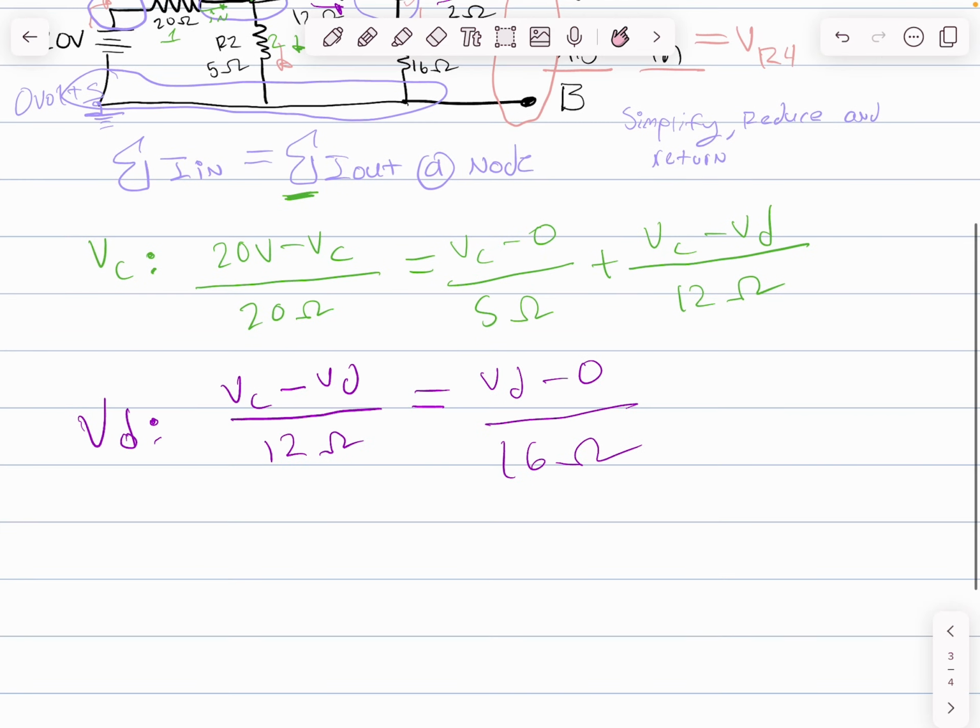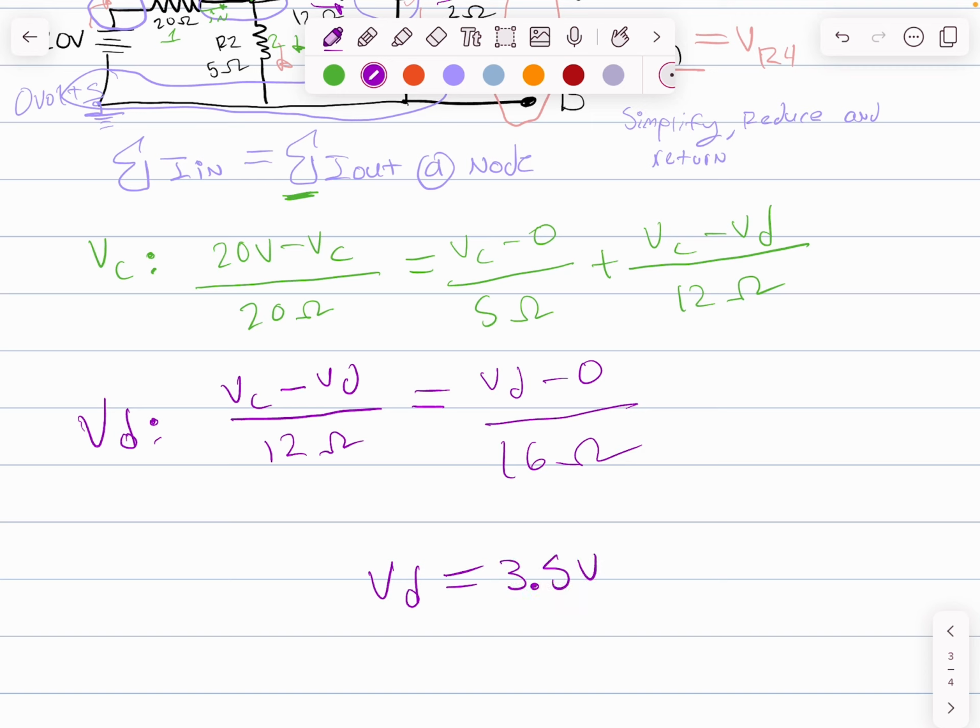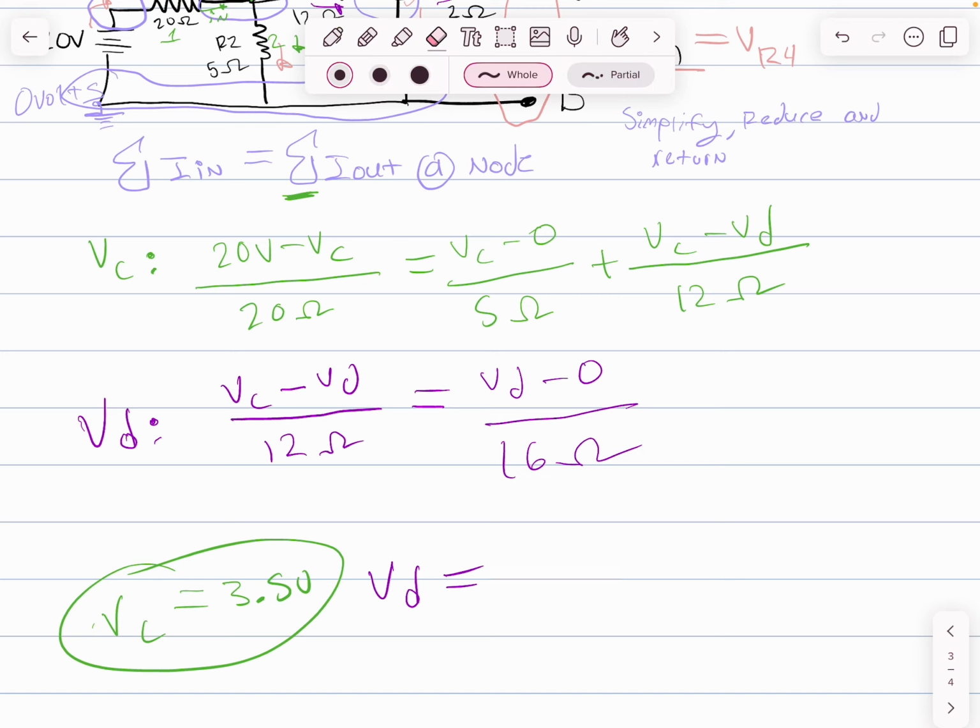Once you set up this equation correctly, the answers you should get is VC equals 3.5 volts. I switched them up, so sorry. VC is 3.5 volts, and VD is going to be 2 volts.